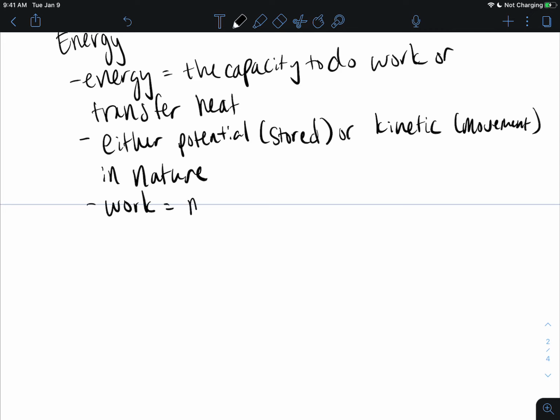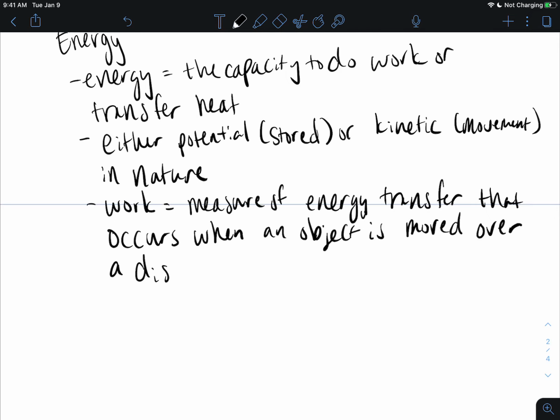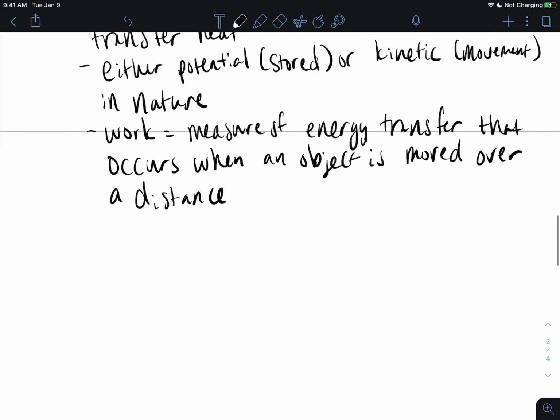So work is a measure of energy transfer that occurs when an object is moved over a distance by an external force.